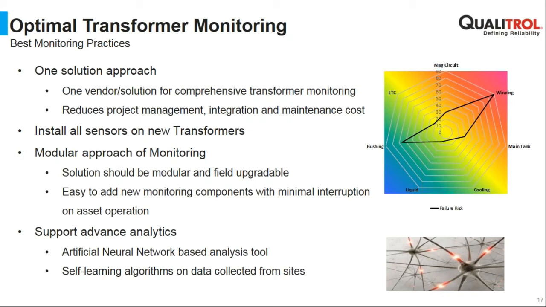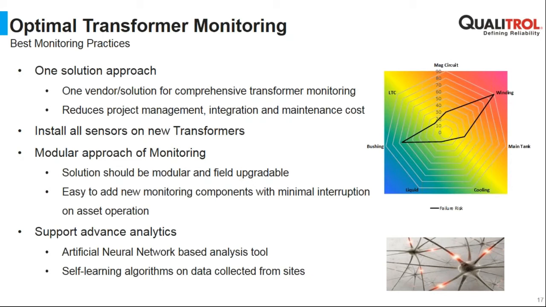And finally, it should support advanced analytics. As Thomas mentioned, your partial discharge monitoring systems and your vibration monitoring systems all require advanced analytics tools. And if your monitoring system is capable of artificial intelligence and neural network based analysis tools, these models will certainly help the monitoring system and help you in future.